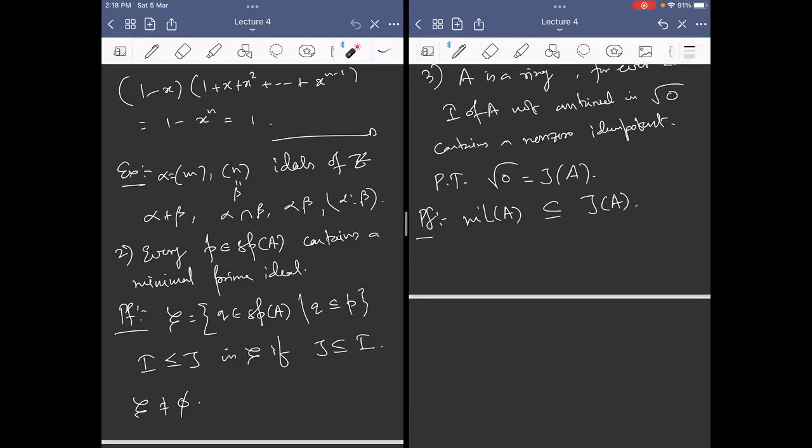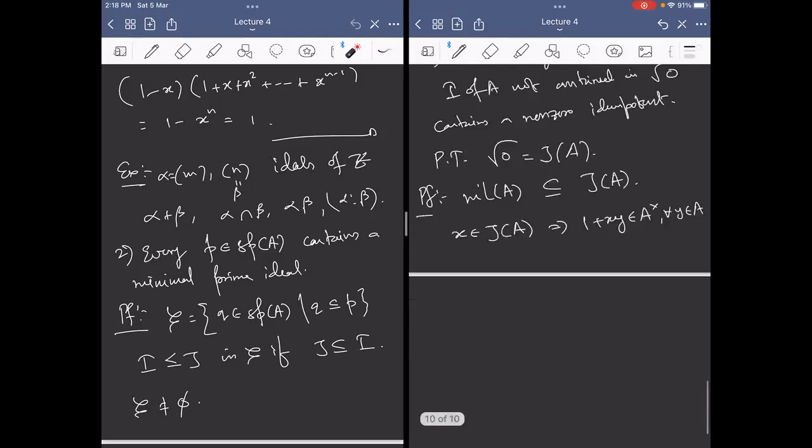Okay. So we have done one characterization on Jacobson radicals also. We have seen that x belongs to the Jacobson radical if and only if for every y, 1 plus xy is a unit. So suppose x belongs to the Jacobson radical. Therefore, we know that 1 plus xy is a unit for all y in A. We want to show that x is in the nil radical.